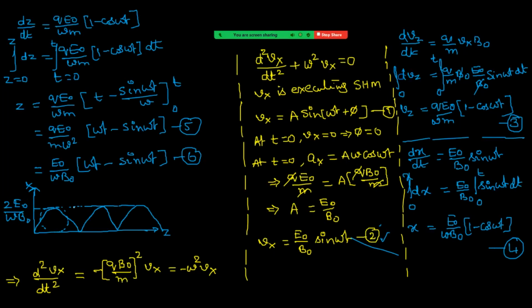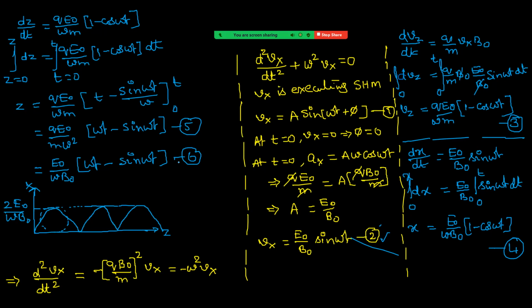If you imagine a ring which is rolling, and you take a point on the circumference, the path of that point is called a cycloid, and the equations are given by 4 and 6, the x and z coordinates.